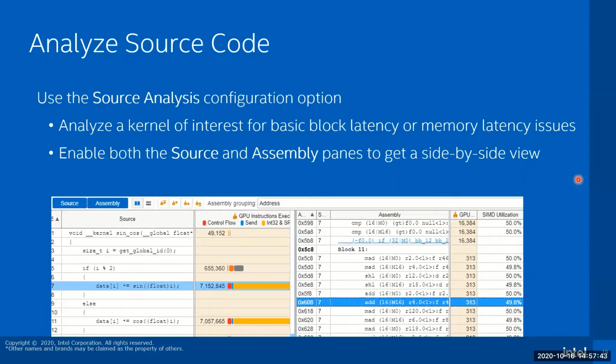And actually, this is quite a powerful method of understanding how the compiler implemented your algorithm, and why, for example, the SIMD was not used at all, or the width is not fitting the capability of the machine, and so on.